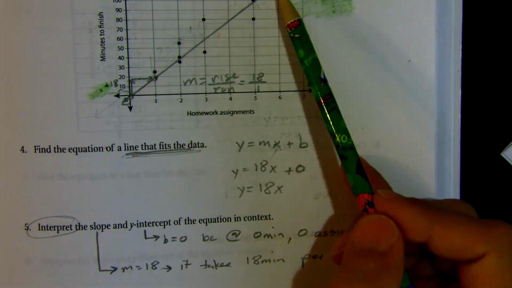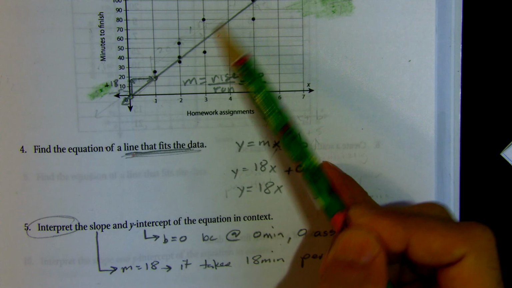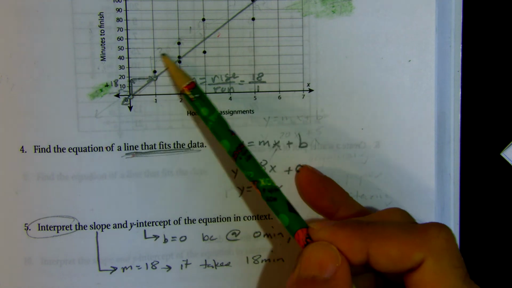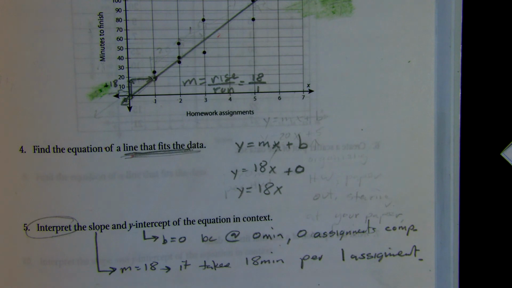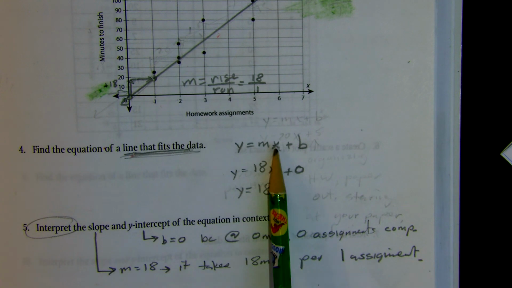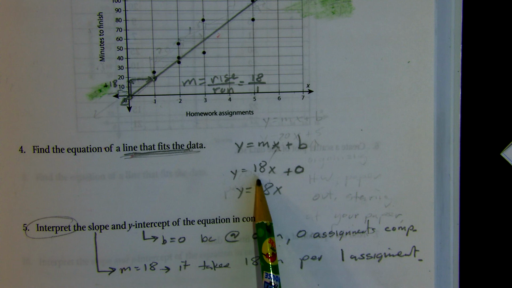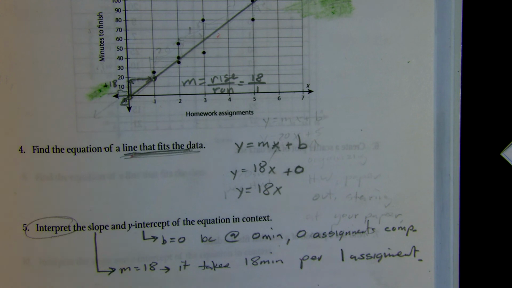The projection of how long it would take is based on the line, and the slope says how much change has happened as we go through each assignment and how much time has taken place. So this is a matter of doing your best to find your best fit line, finding the equation based on the y-intercept and the slope, which you can count visually, and then interpreting it.